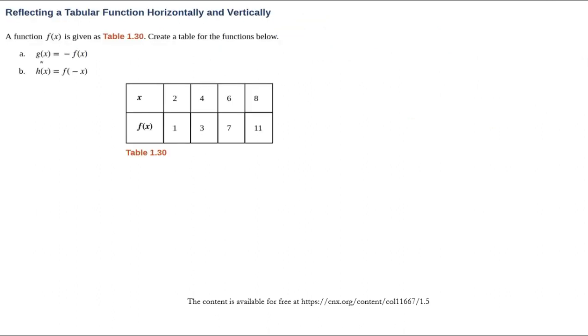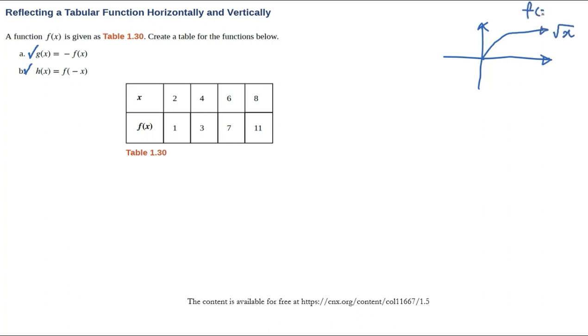Using a table to find reflections. So here we have x and f of x. We want to find g of x and h of x. G of x is negative f of x, meaning reflection across the x-axis. H of x is f of negative x, meaning reflection across the y-axis. You can think of the example we had. This is the square root of x.